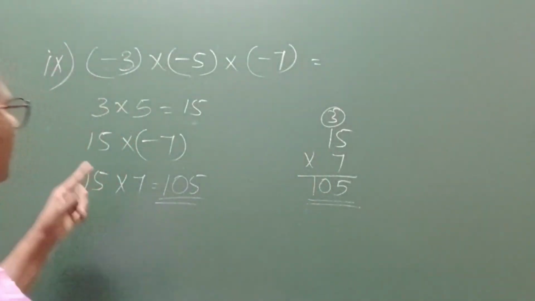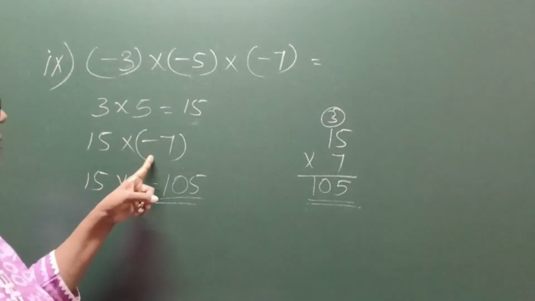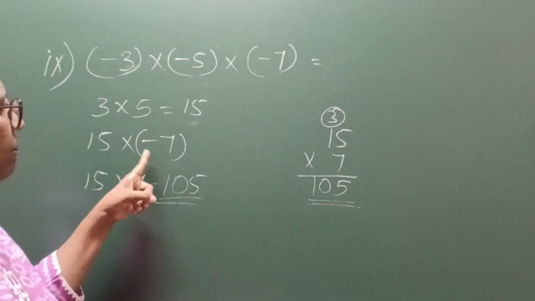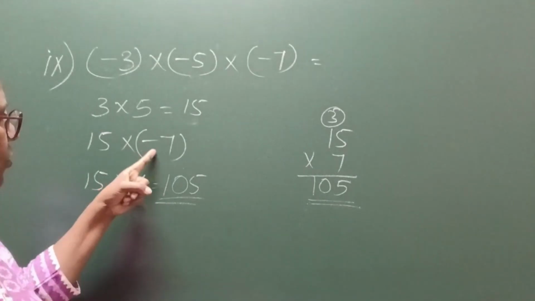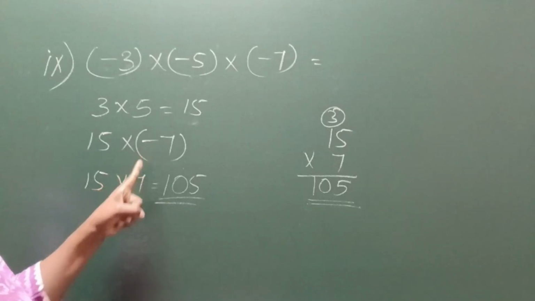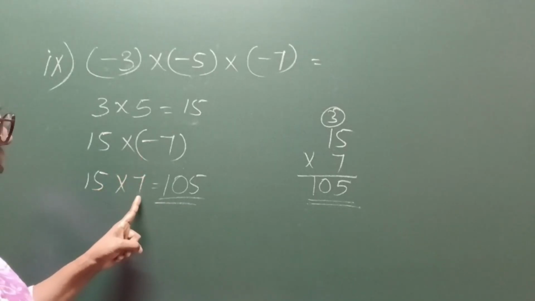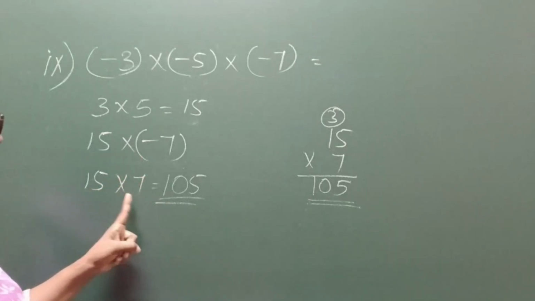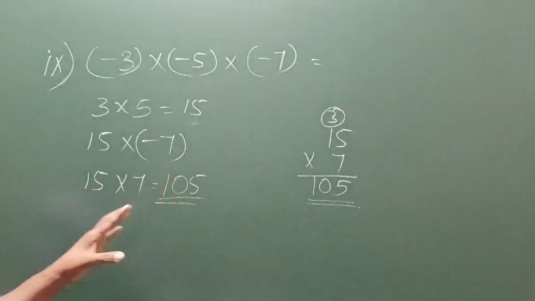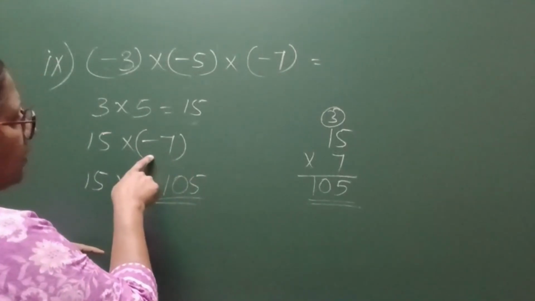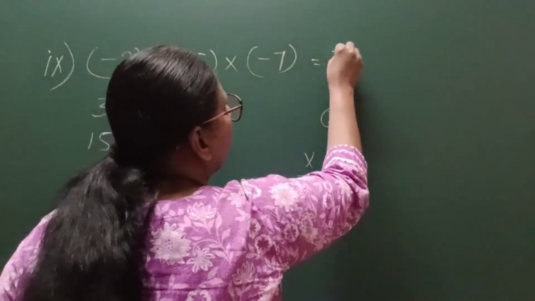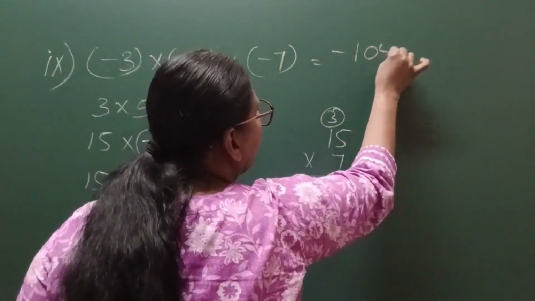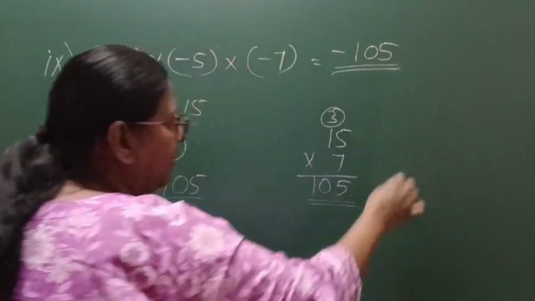You understand? 15 is positive and this is minus. This is a negative integer. So after finding the absolute value of minus 7, which is 7, we multiply 15 into 7. After getting the product, we see the sign and give minus. Minus 105 is our final answer.